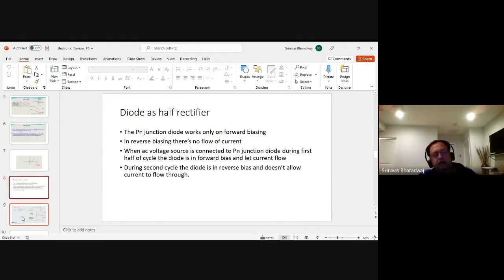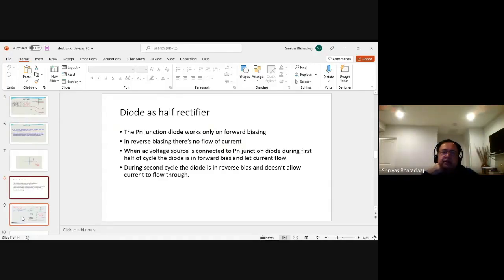An AC source is half the time positive, half the time negative, a sinusoidal wave. When you connect an AC source, half the time it will conduct, the other half of the time it will not conduct. So you are said to be using the diode as a half wave rectifier. It rectifies half the time, and the other half the time it doesn't let the current pass.